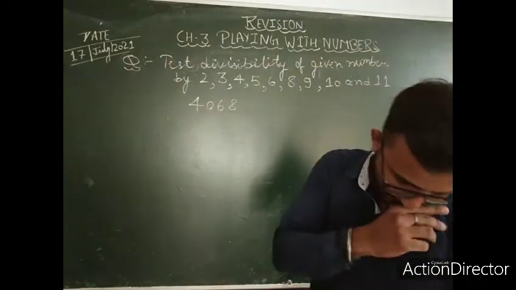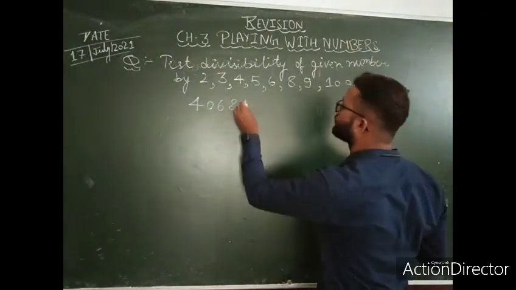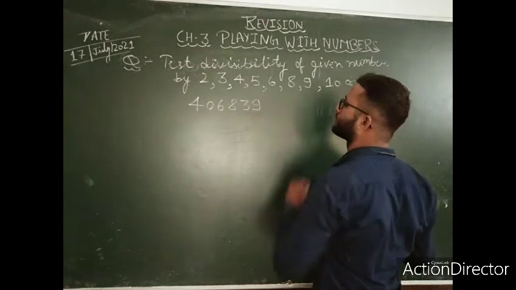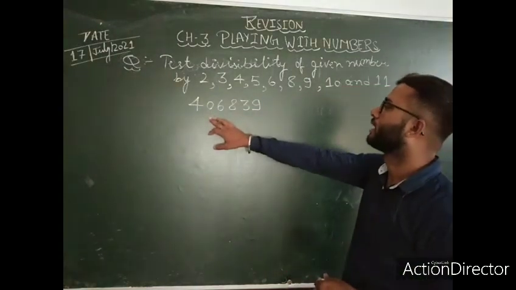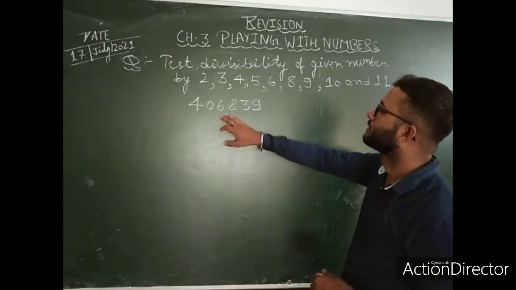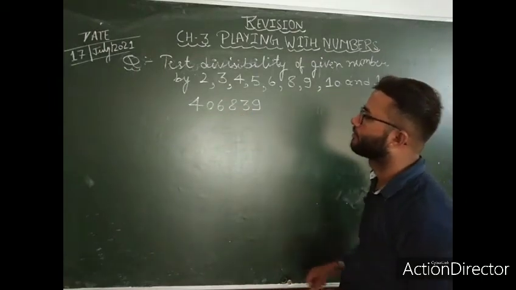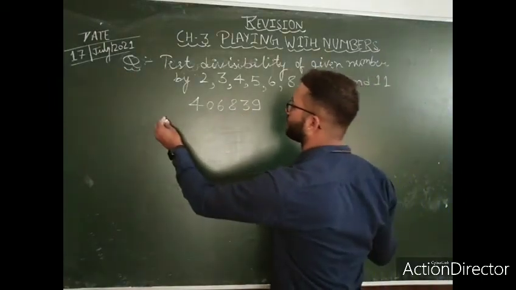The number is 4,06,839. Now we start from 2.